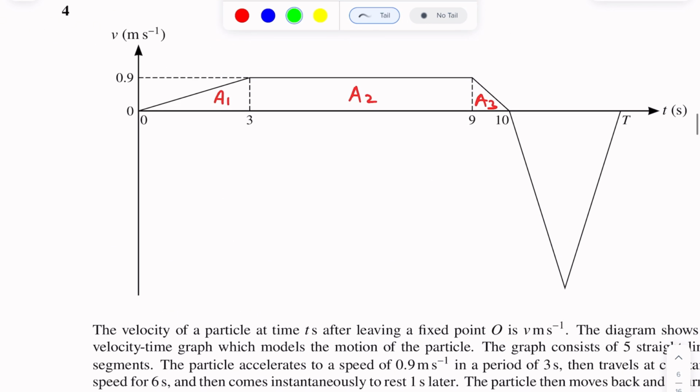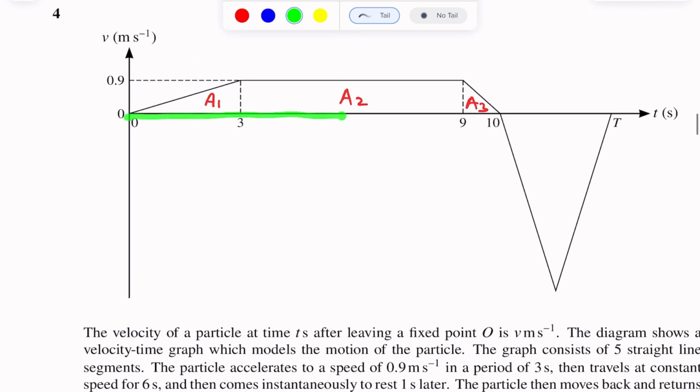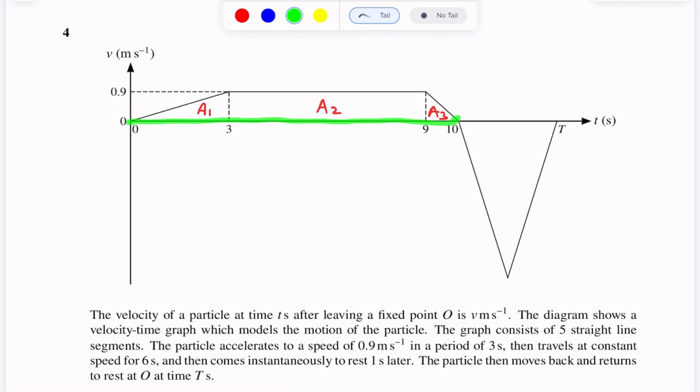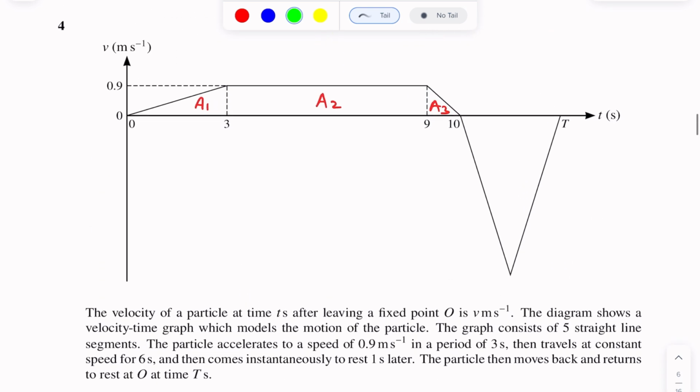Adding these 3 areas, we get the distance traveled in the first 10 seconds.